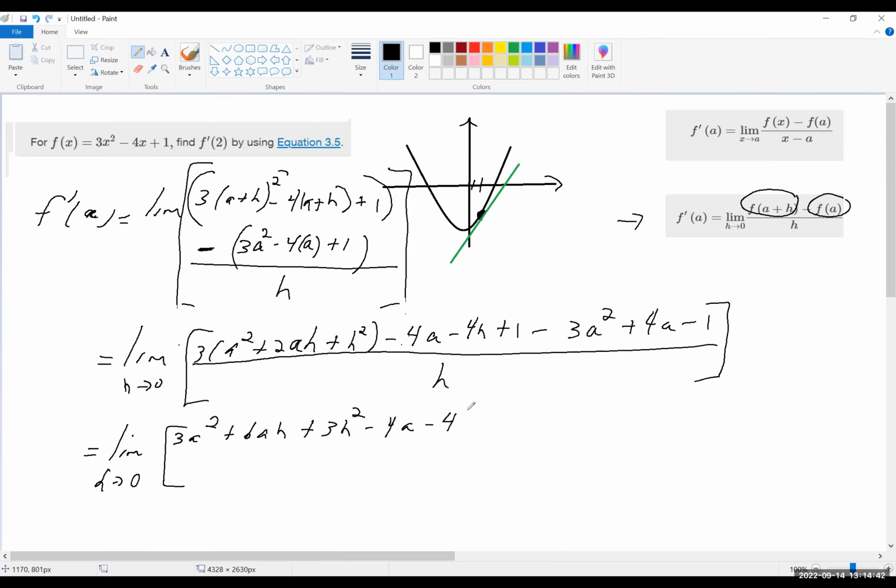And once I combine like terms, we're going to see a lot of things cancel. Again, if I see things not all canceling, then I'll have to stop to check the work.